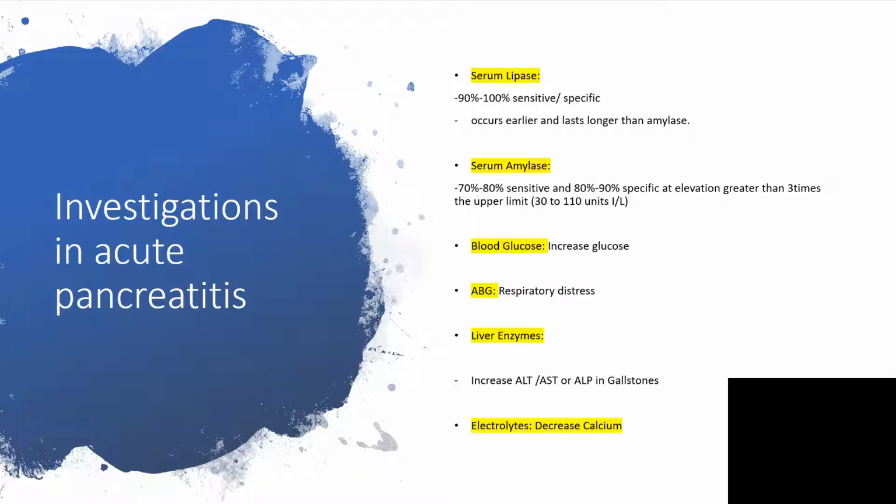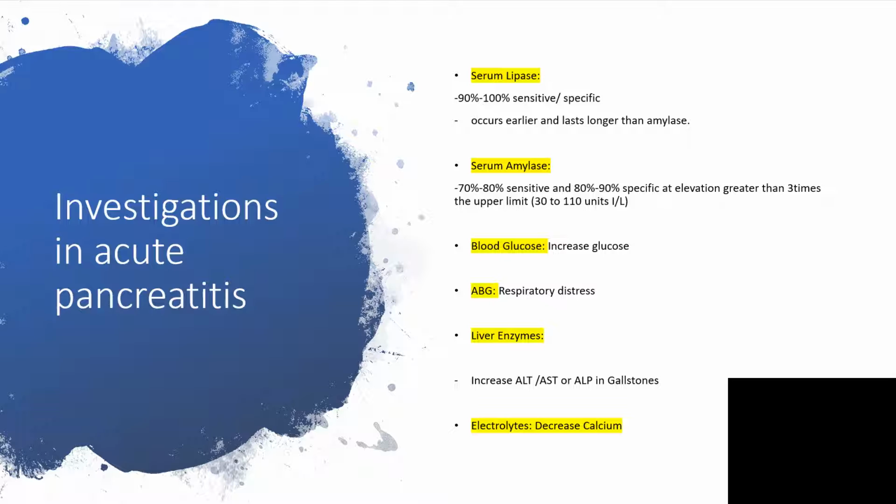An increased ALT could mean there's trouble within the liver itself, but AST will mean there's trouble with alcohol, and ALP will show the sign of obstruction because we are dealing with gallstones sometimes causing pancreatitis.